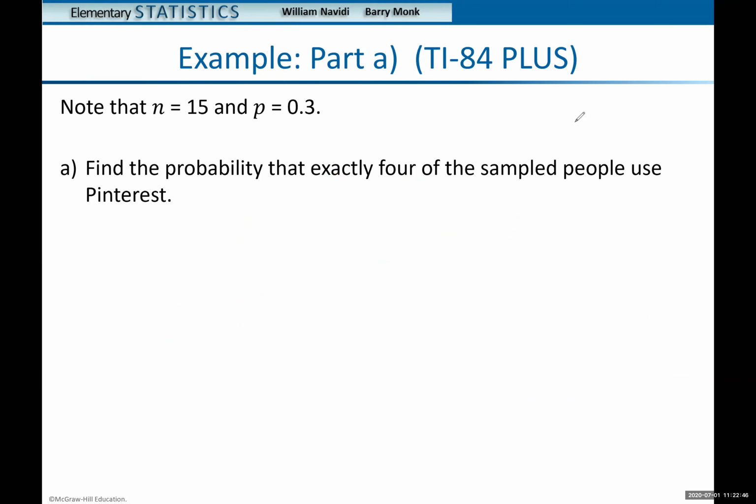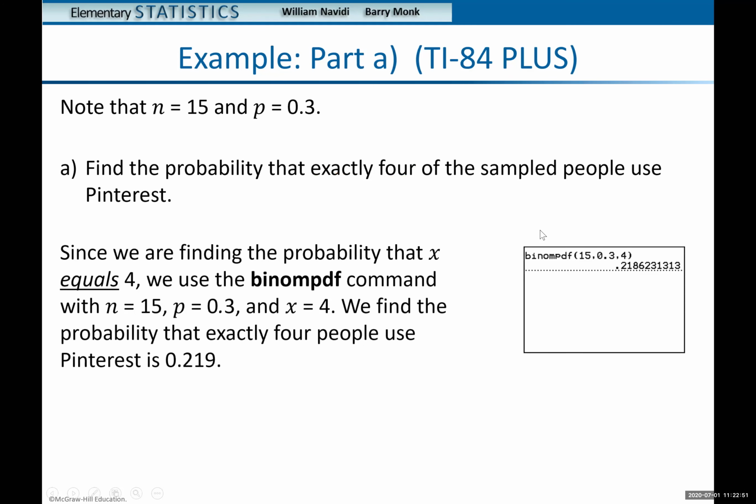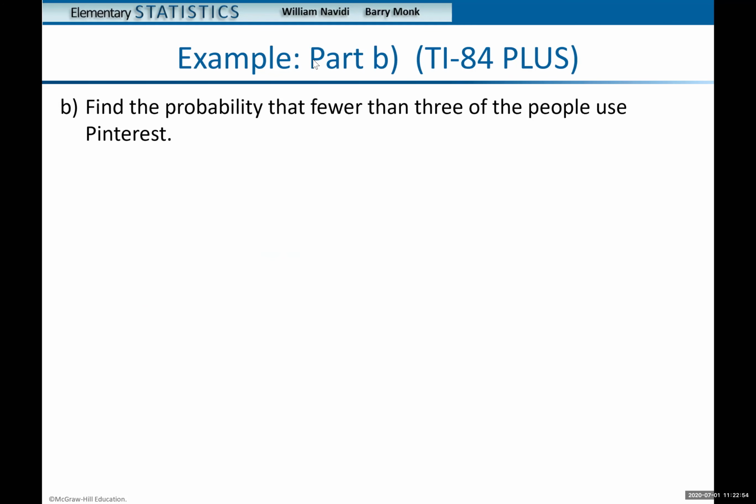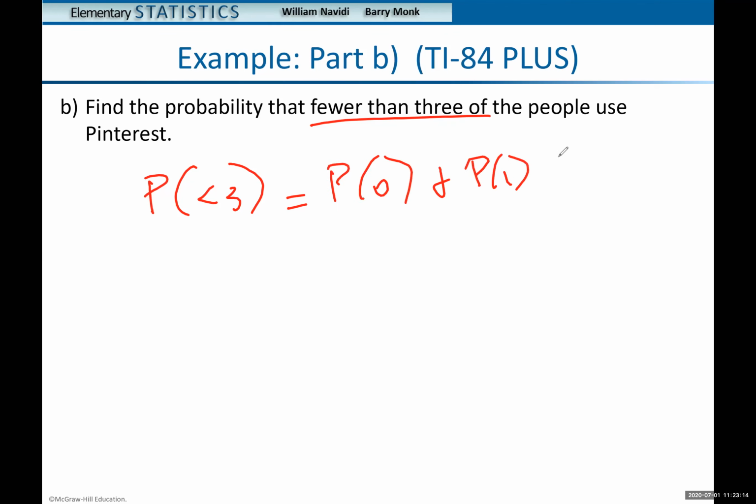Okay. Next, letter B is fewer than 3. So you can solve this either way, we know that less than 3 is our P. Do you agree?